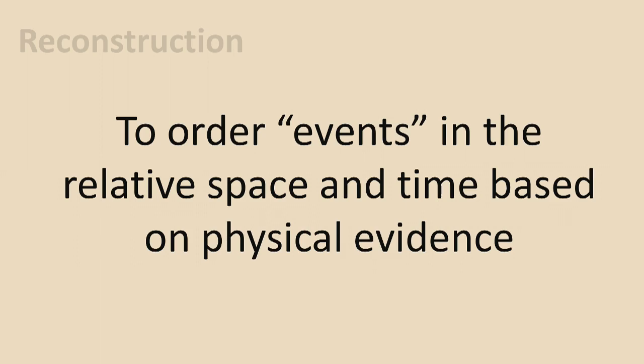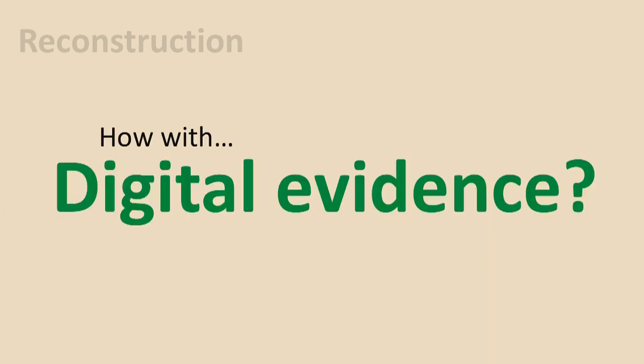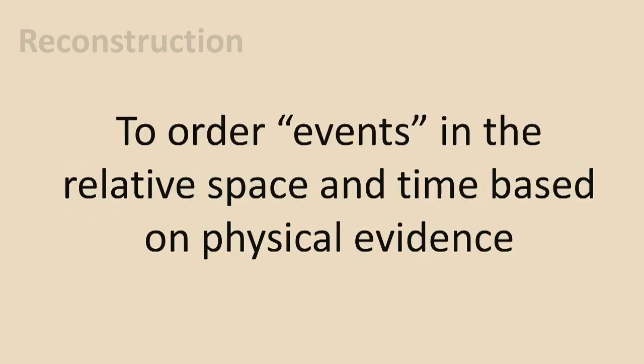Now, reconstruction: ordering the events in relative space and time based on physical evidence. What's an example in the physical world? What kind of reconstruction do you do in forensics a lot of times? Automobile. Yeah, exactly, automobile reconstruction. Very good. What else? Maybe a shooting where somebody has been shot.